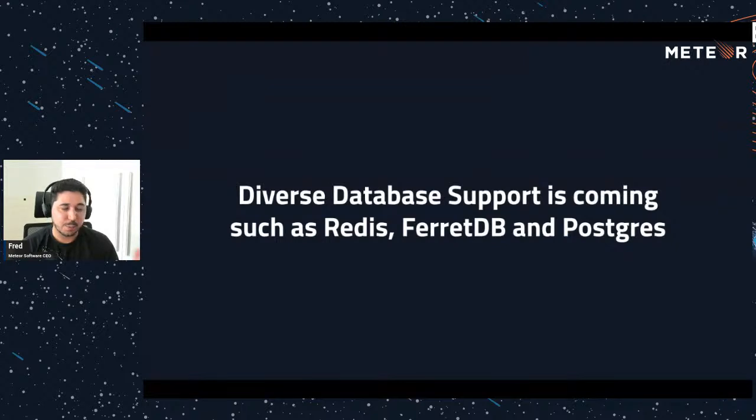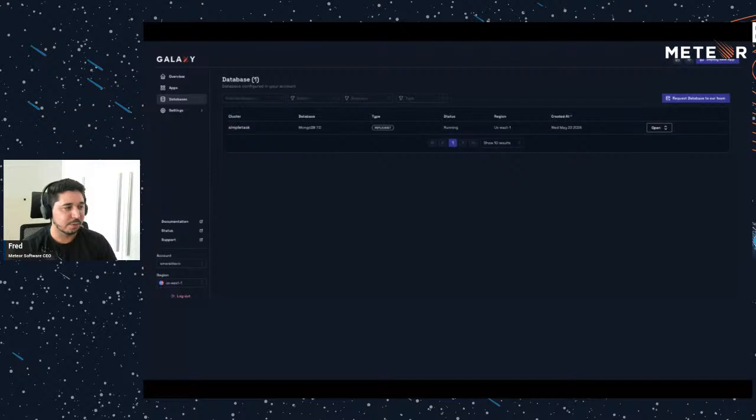The other thing that's important for you to know is that we are not only launching MongoDB databases. This is just the beginning, but we will provide other technologies as well, such as Redis, FaunaDB, and Postgres. We plan to launch all of this still this year, so stay tuned with our news.